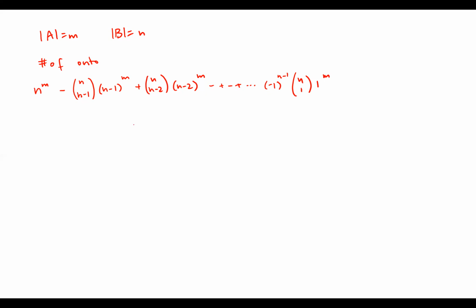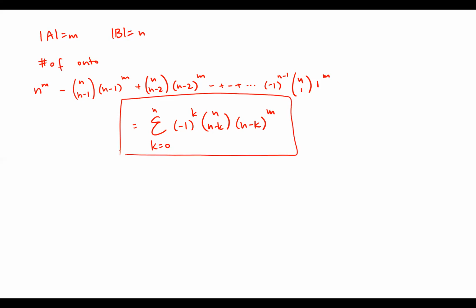So essentially, if this was written in summation form, this is the summation k equals 0 up to n of negative 1 to the k, n choose k, n minus k to the m. And this is our equation for the number of onto functions from set A to set B.